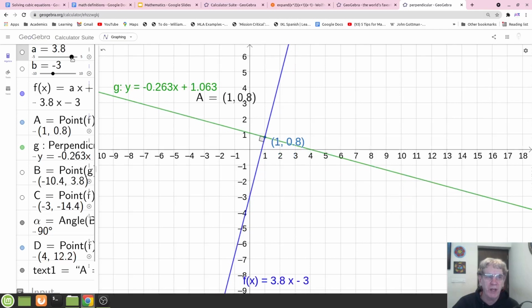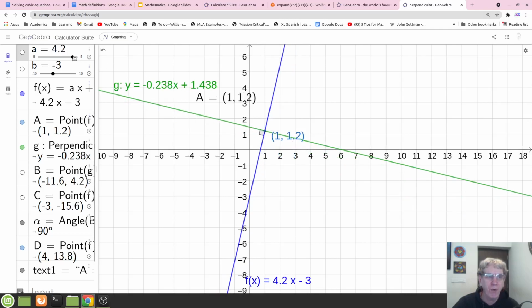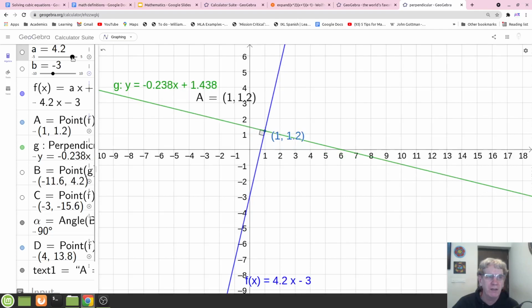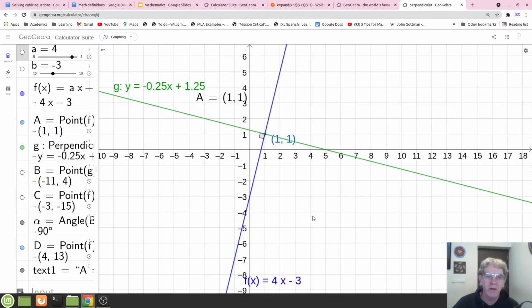If I go all the way up to a slope of 4, for example, look at the slope of 4 here. Oops, there we go. I can see that this blue line is increasing. As I go from left to right, it's moving upwards.